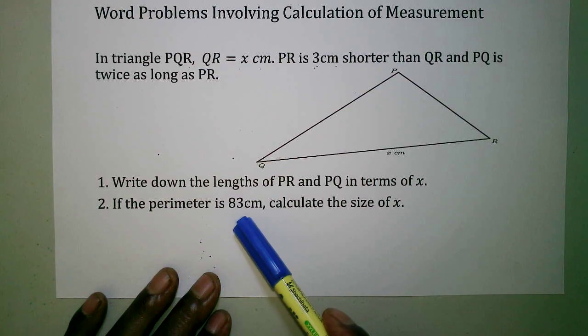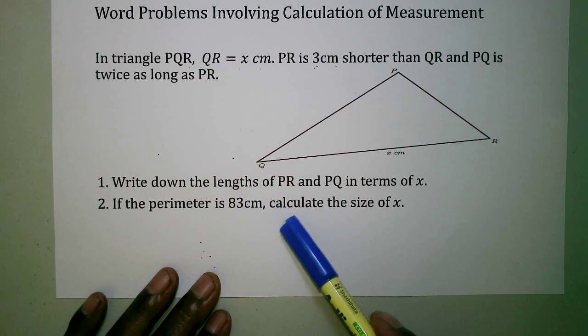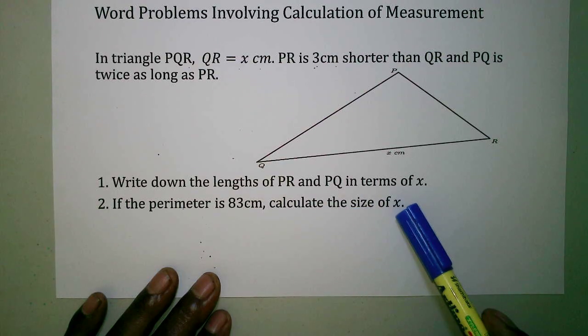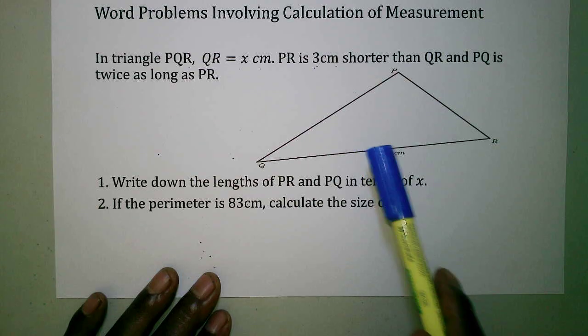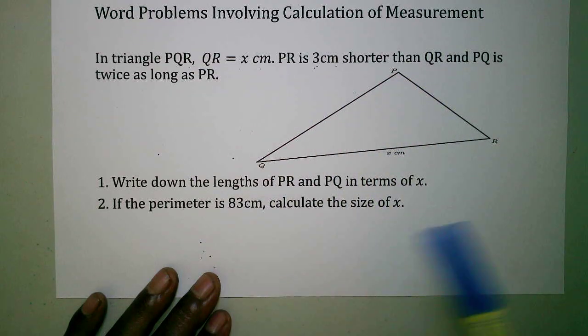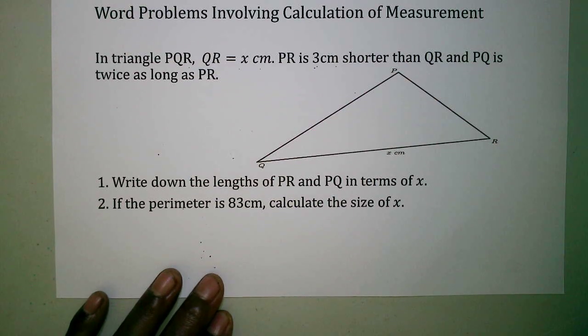If the perimeter is 8 centimeters, calculate the size of x. Remember, for the perimeter, you add all the sides of a shape. If you add the lengths of the sides, you get the perimeter. That is how you arrive at the perimeter.